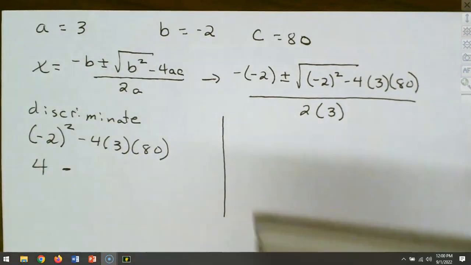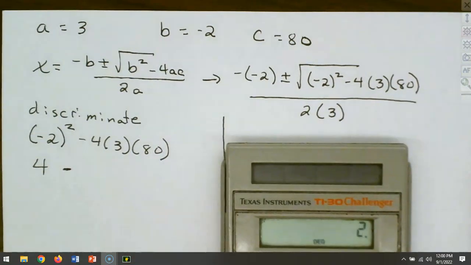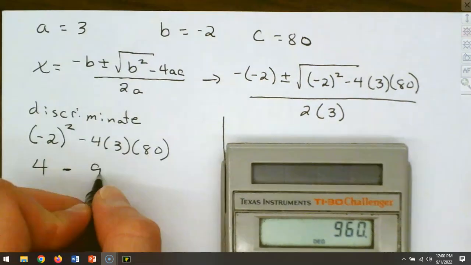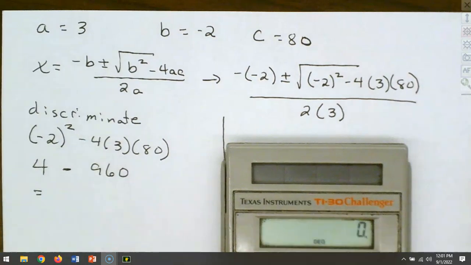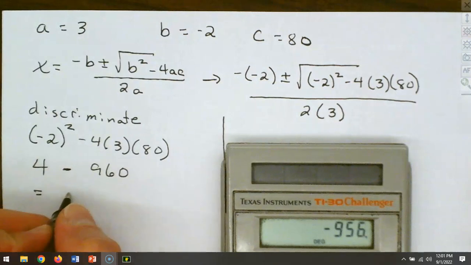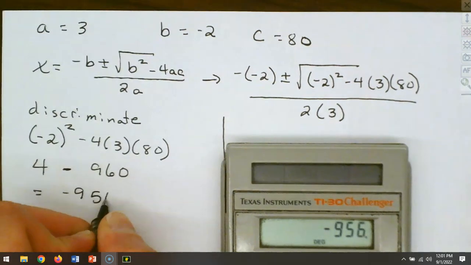And you've got 4 times 3, which is 12. And 12 times the 80, well, that comes out to be 960. And it's negative. So 4 minus that 960, well, that's a minus 956, isn't it?